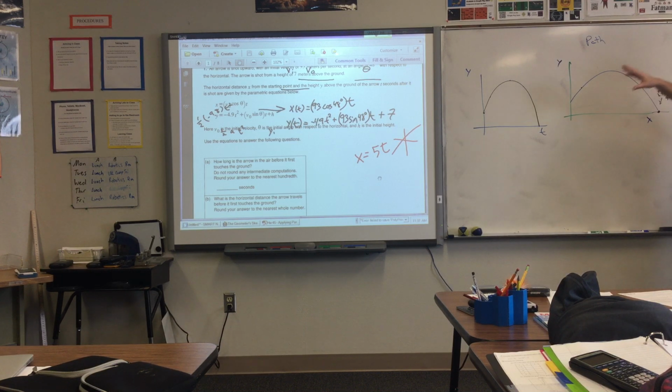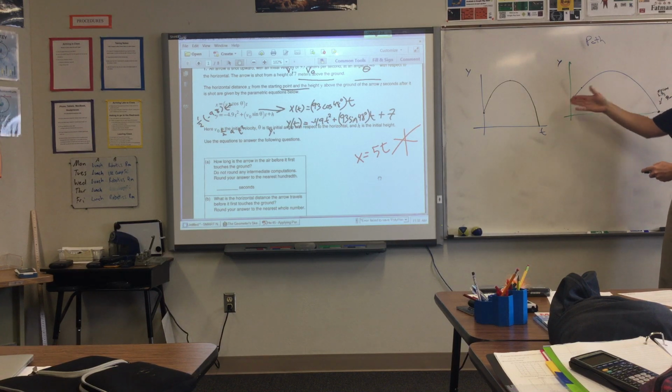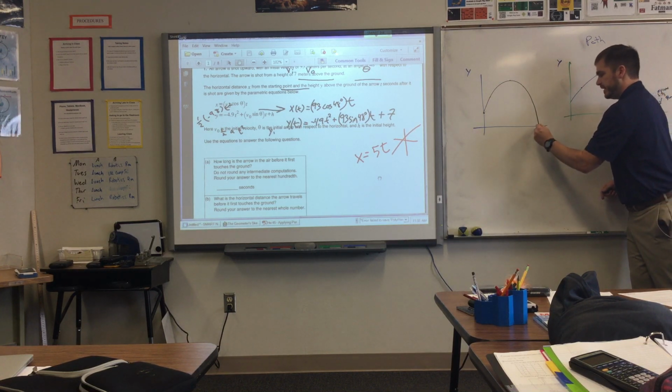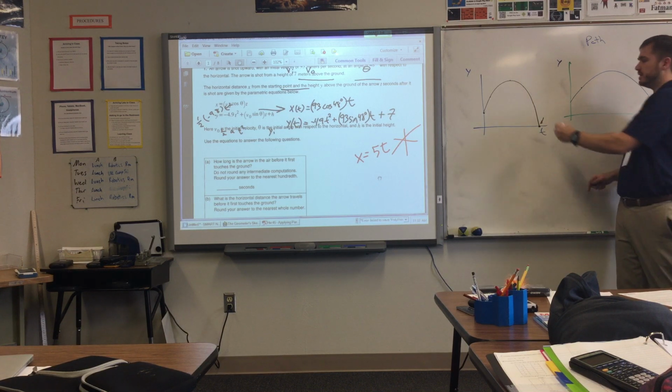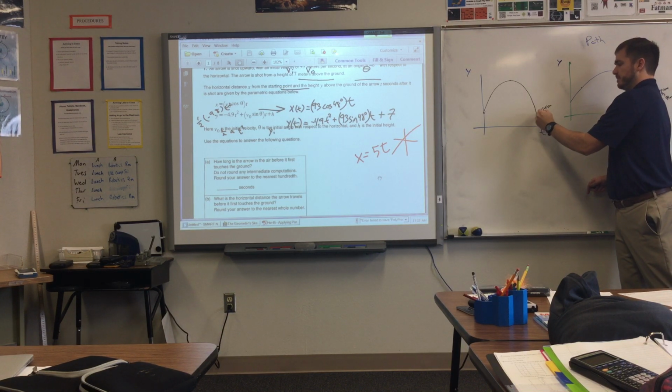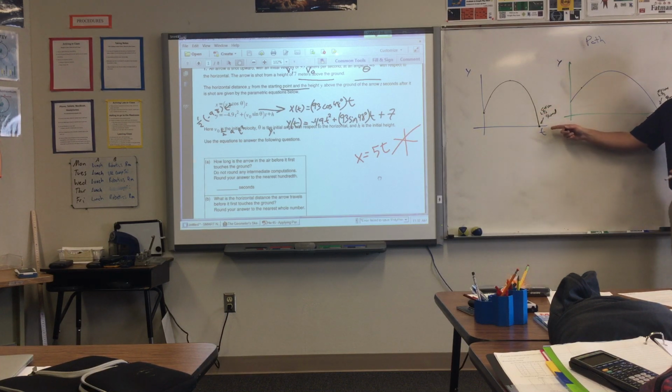Which one of these other two graphs and equations, the y or the x, is going to help us know when it hits the ground? The y one, right. In fact, if we look here, the arrow will hit the ground at this time right here. Arrow hits ground.